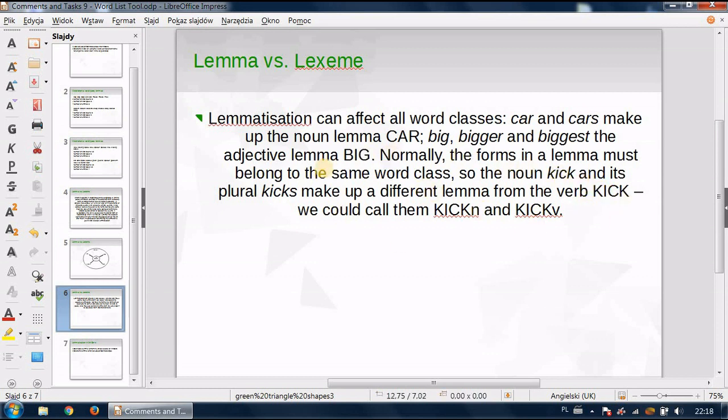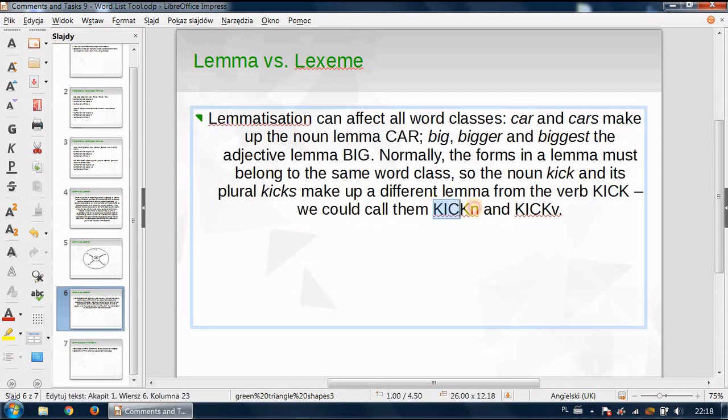And this kick, which is a noun, has the two inflectional forms kick and kicks, and possibly the Saxon genitive form as well. And this kick, which is a verb, which has many inflectional forms, are different lemmas, in fact. And sometimes they are marked by additionally giving the particular part of speech that you mean.